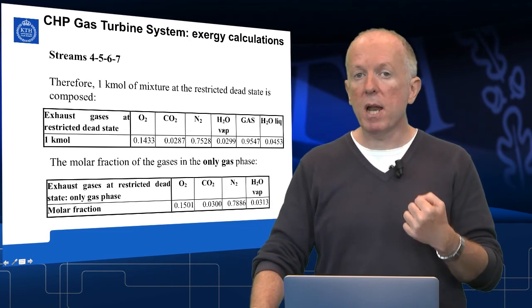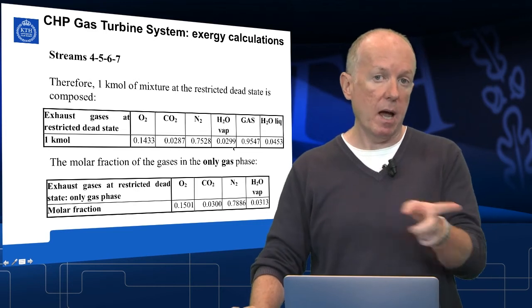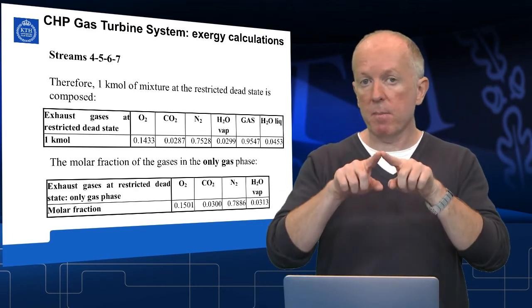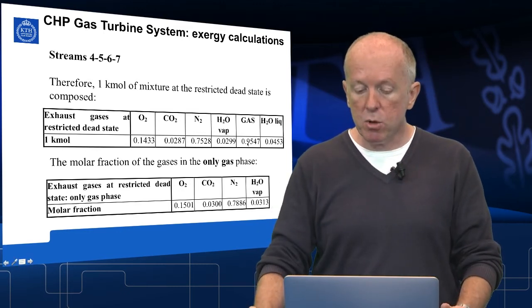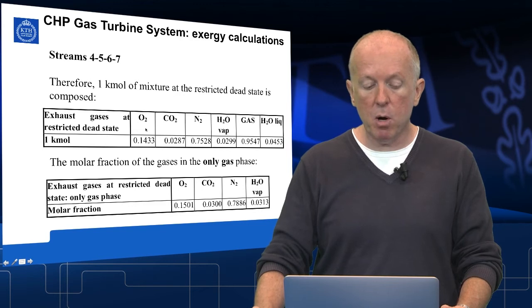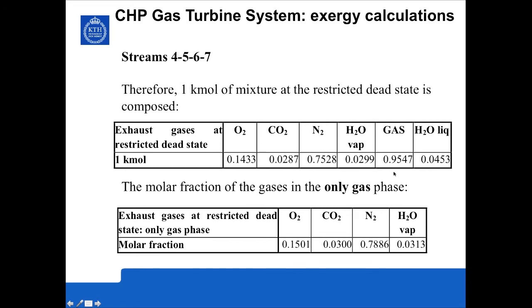And water will have a molar fraction of 0.0299, the one calculated now as the molar fraction of water remaining not condensed. So the total of the gas, summing up oxygen, CO2, nitrogen, and water not condensed, is now equal to this value of 0.954. All the remaining part of the water has been condensed in liquid form that has now this molar fraction.